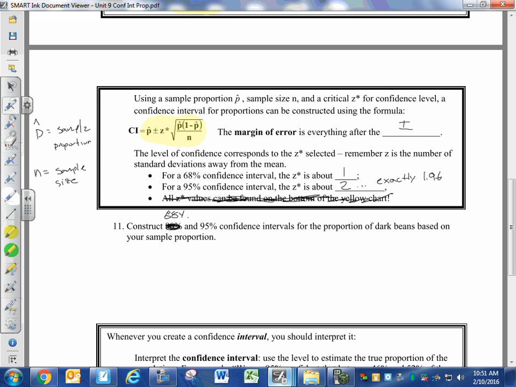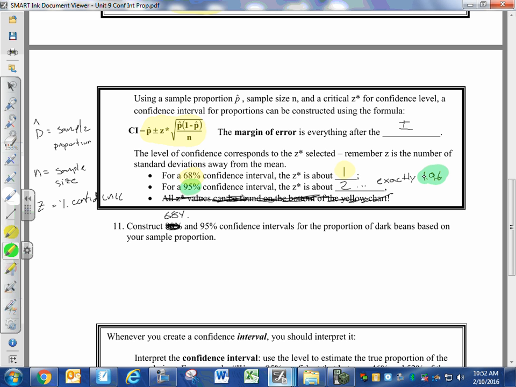The z comes from our percentage. Let's write that down: z value is our percent confidence. If we want a 68% confidence interval, we'll use a z of 1. If we want a 95% confidence interval, we're going to use a z of 1.96.